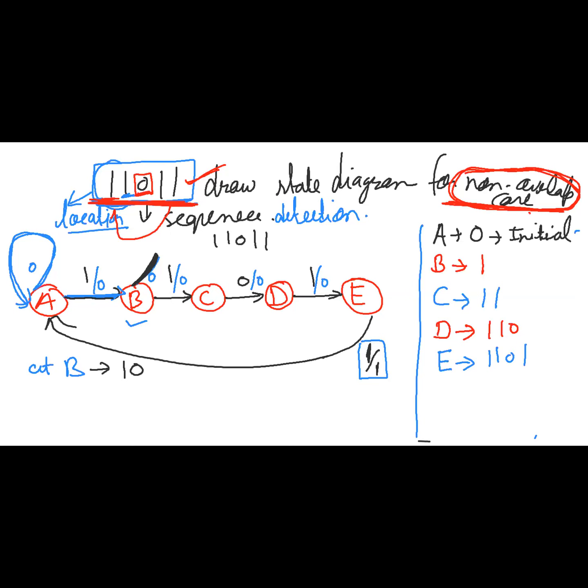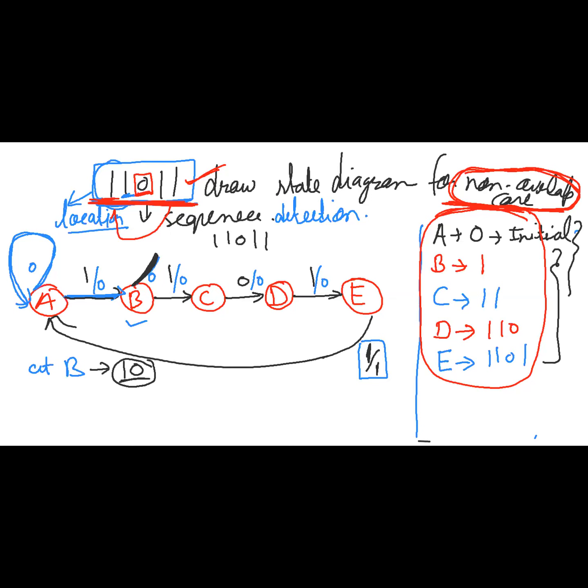Okay. So 1, 0. Do you have the complete sequence 1, 0 among these 5 states A, B, C, D, E? Check.